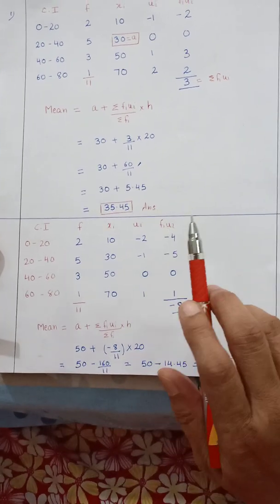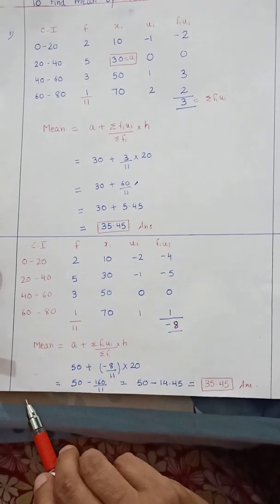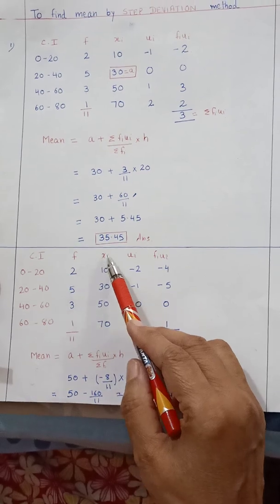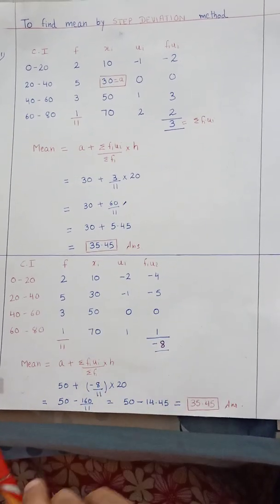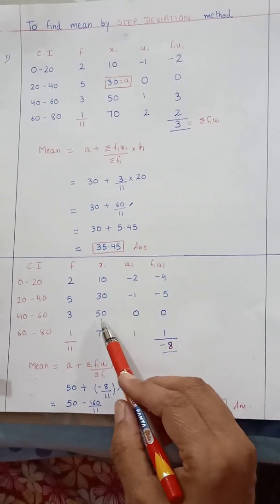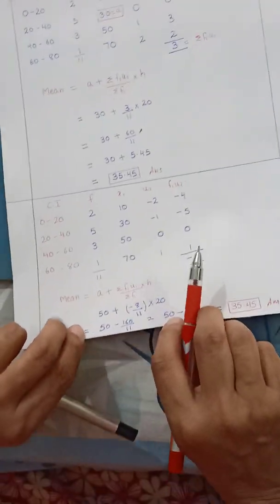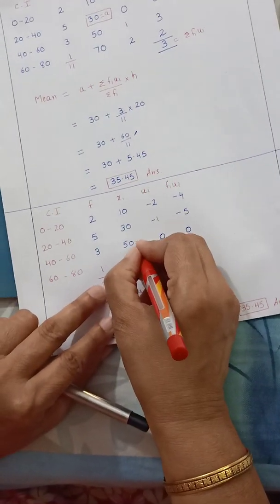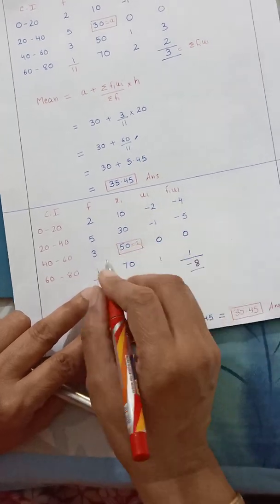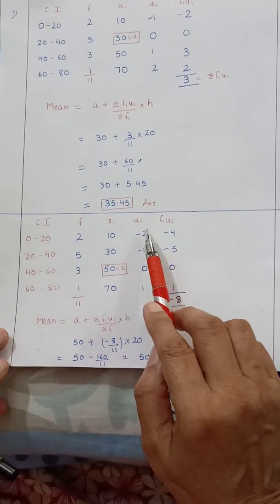Now class, the same question I am going to explain by taking 0 at another place. Question is the same, frequencies are here, class mark first step will be the same. Now instead of taking 0 here, I am taking it against 50, and because I am taking it against 50, I will be writing A here. The next step was to multiply each frequency with ui.